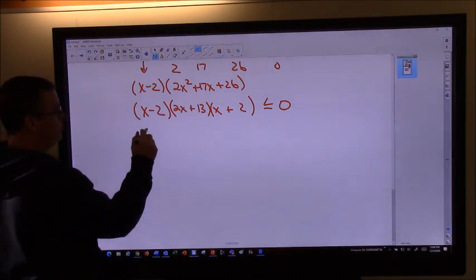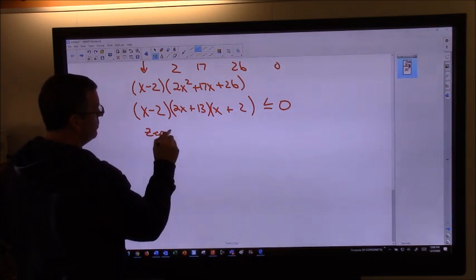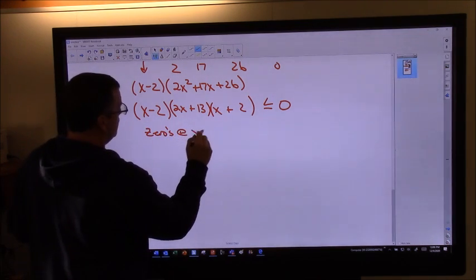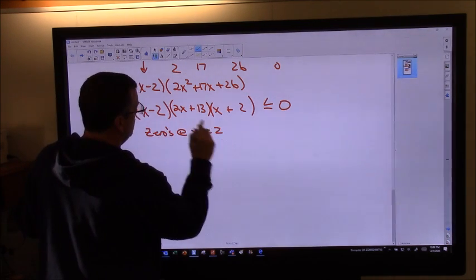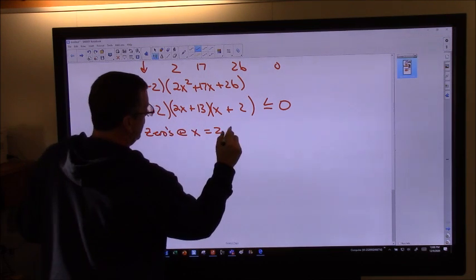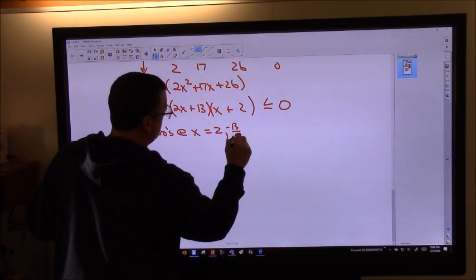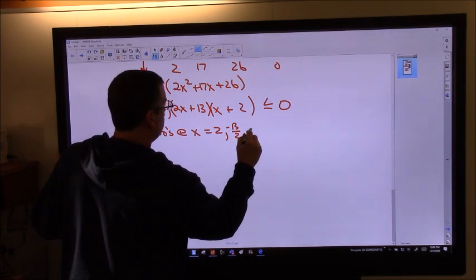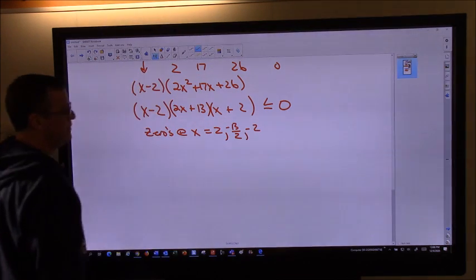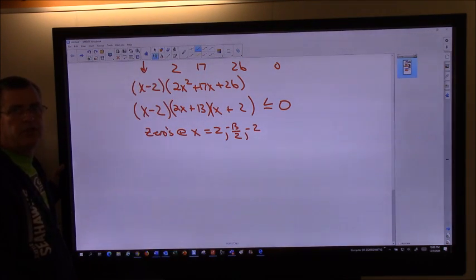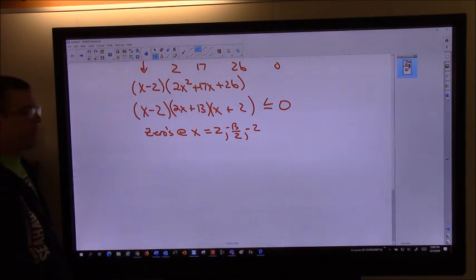So I know where my zeros are. I've got zeros at x equals 2, negative 13 halves, and negative 2. So now I need to plot those on the number line so I get my intervals set up.